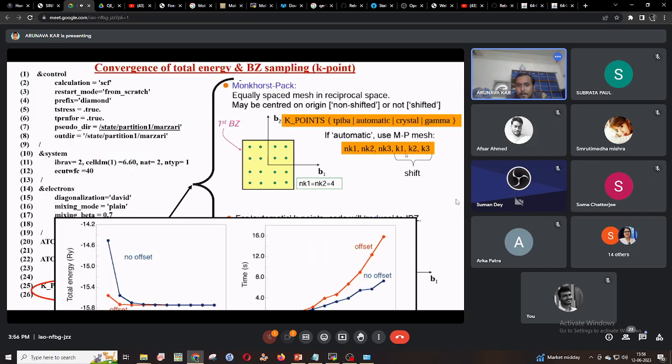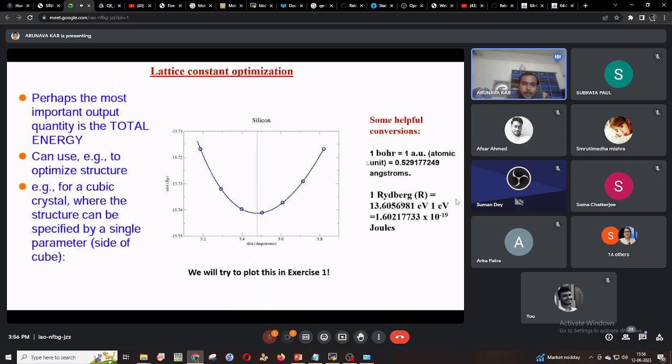If you find this kind of shape, where is the minimum position? This minimum position is basically your optimized lattice constant for the calculation. So you can use this for your calculation.